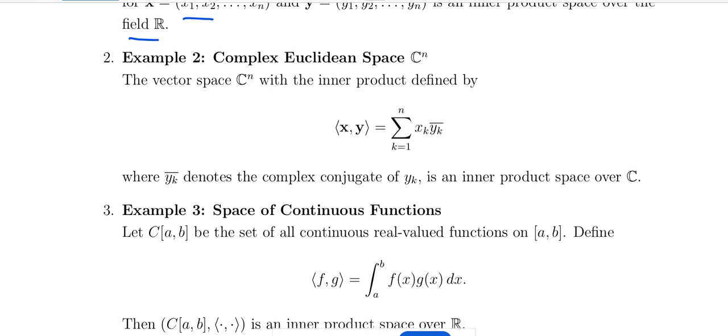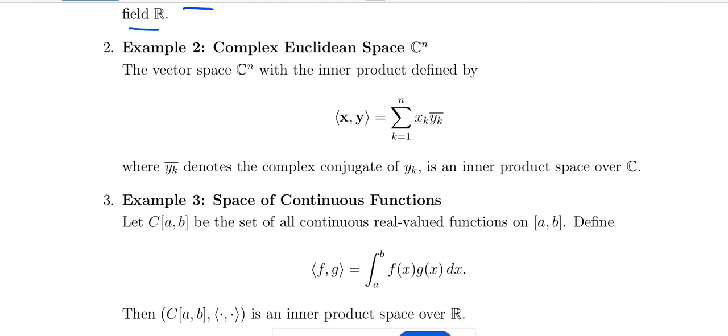Second example: the complex Euclidean space C power n. How do we define this? The vector space C power n with inner product defined as the summation of xk yk bar, where yk bar is the conjugate of yk, and k equals 1 to n.